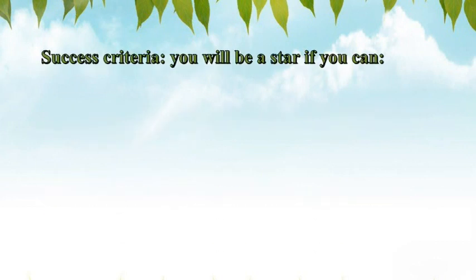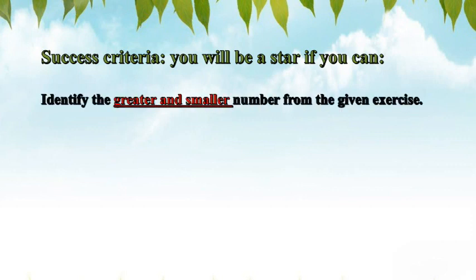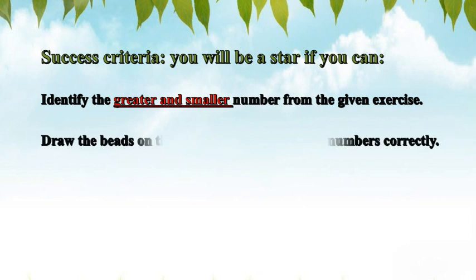Okay, before we end our lesson, let's have a look at the success criteria again. You will be a star if you can identify the greater and smaller number from the given exercise. What you have to do, students? Yes, you have to identify the greater and smaller number from the given exercise and draw the beads on the abacus to show the given numbers correctly.